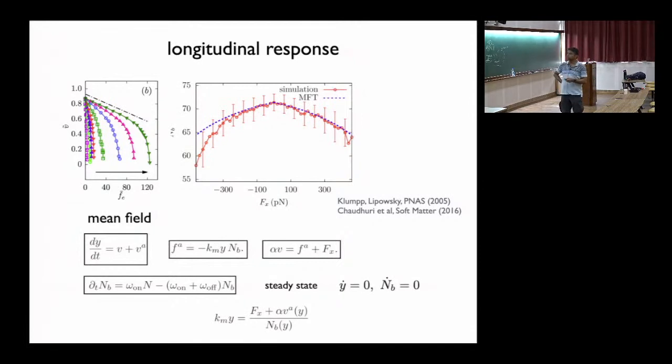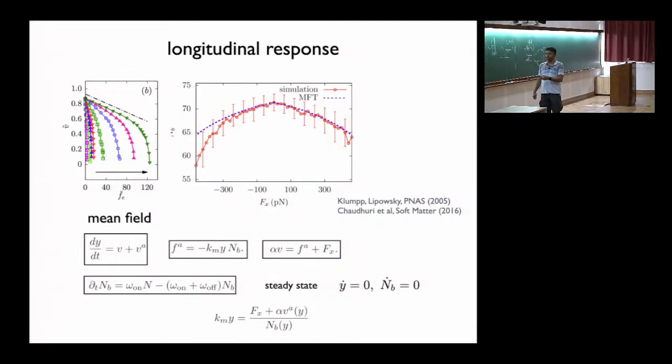So how does one develop this mean field idea? The idea is what I wrote down earlier as well: the extension increases due to the motion of the filament, due to the active motion of the motor along the filament. Then there is this active force, which depends on extension and the total number of molecular motors attached. And then there is a third component, that the filament motion is governed by the active force and whatever external force you put on it. And the dynamics of the number of molecular motors depends on the attachment rate and detachment rate.